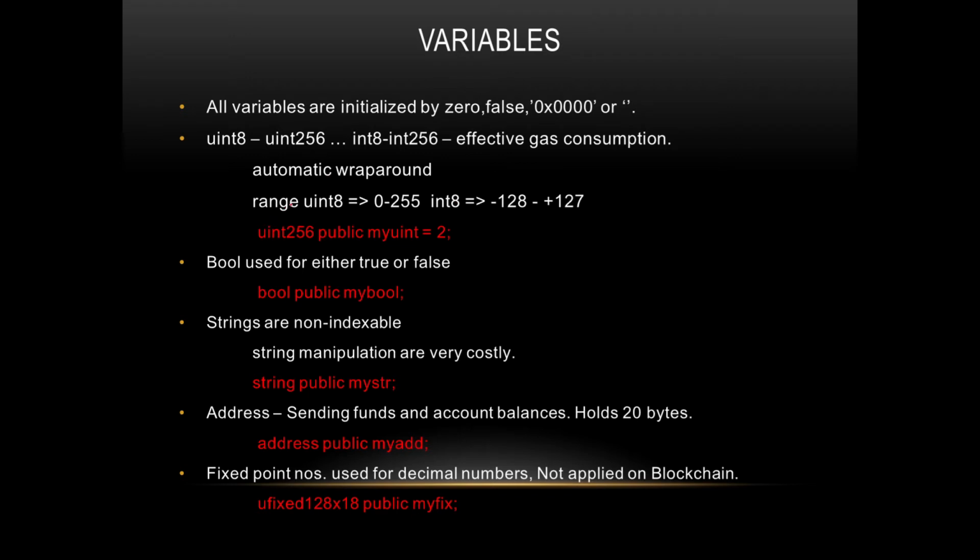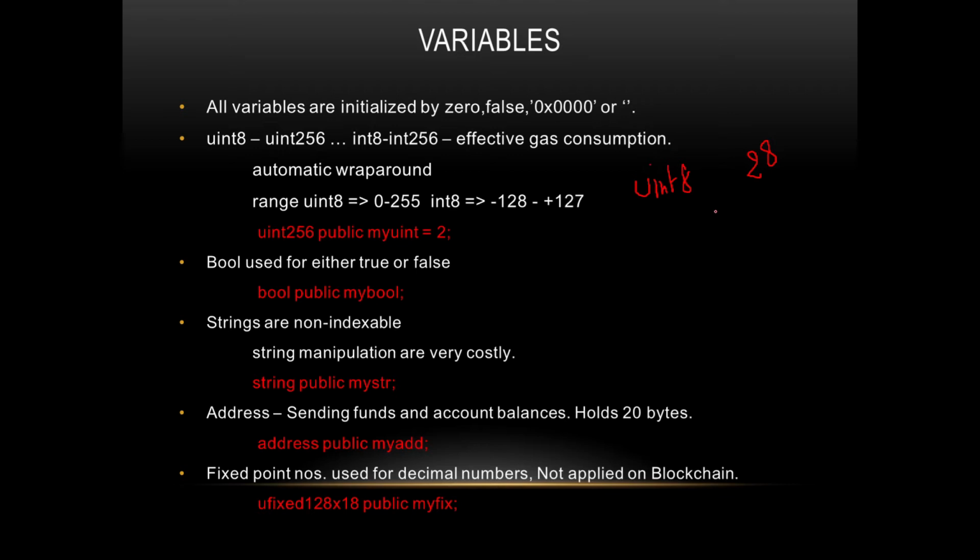Then the range. What about the range? The uint 8 has a range of 0 to 255, whereas int 8 has a range of -128 to +127. So let's see how this works. If you see, there is uint 8. So how do you know how many numbers are there? You just write it as 2 power 8.